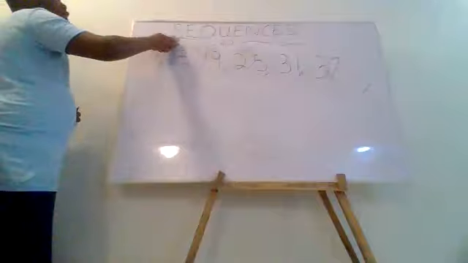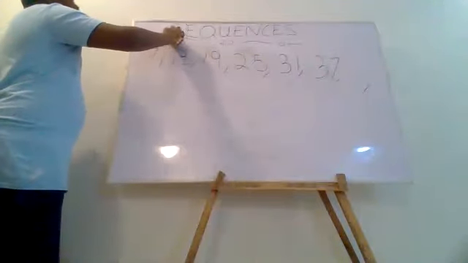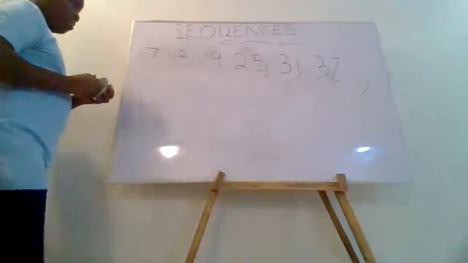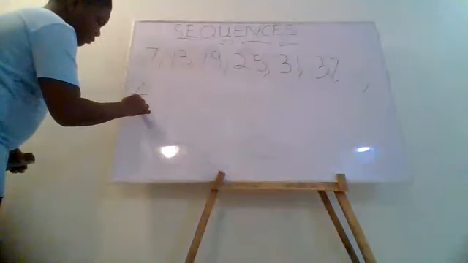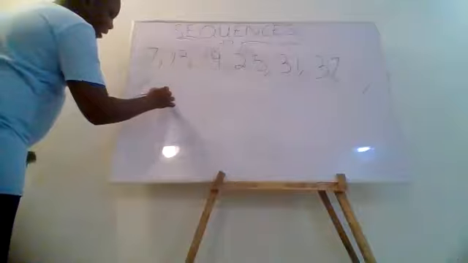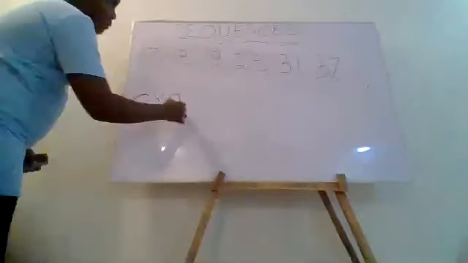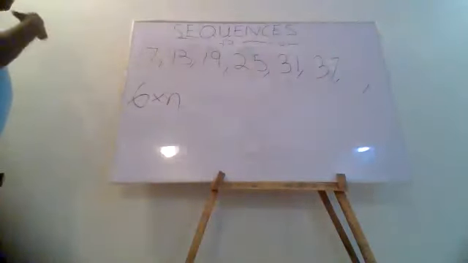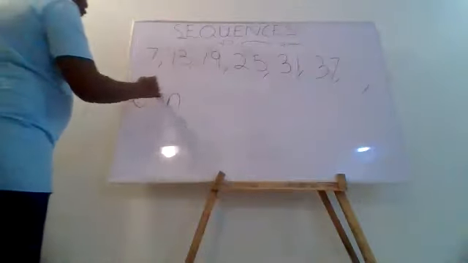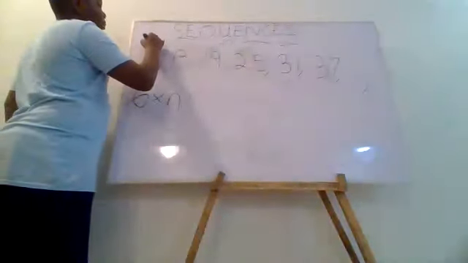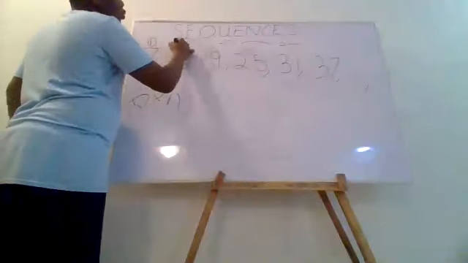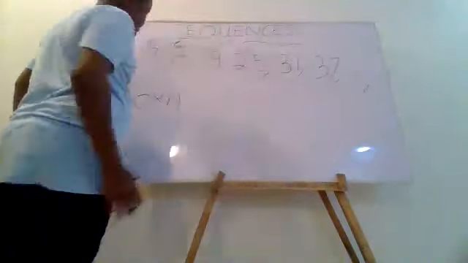Now to find our position to term rule, we know what to do. We put down our term to term rule, which is 6. Then we multiply it by n, because we believe that's the rule for now. And then we bring the position of the number. So 1, 2, 3, 4, 5, 6, 7, 8.